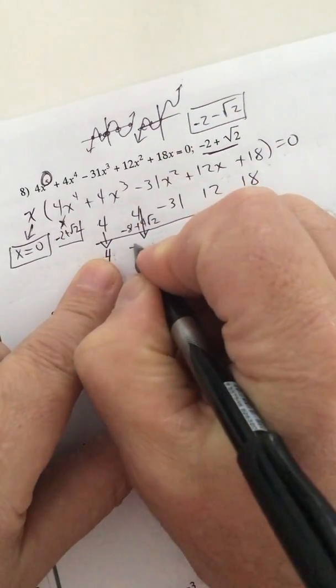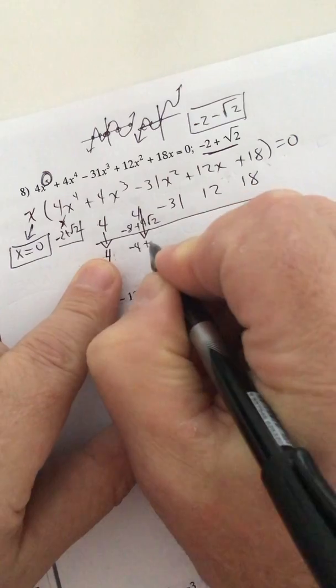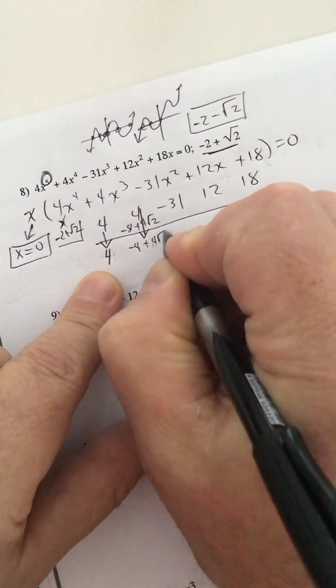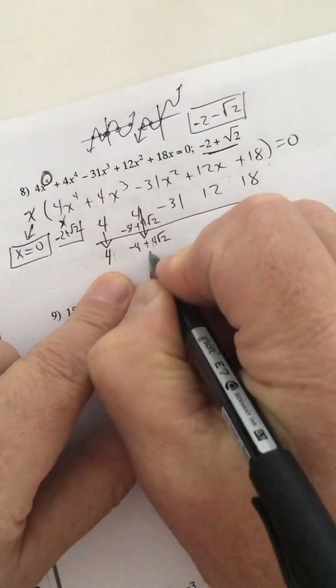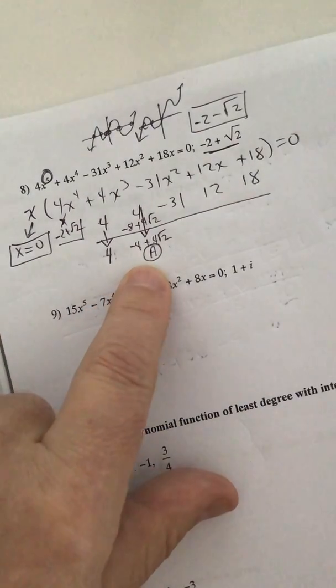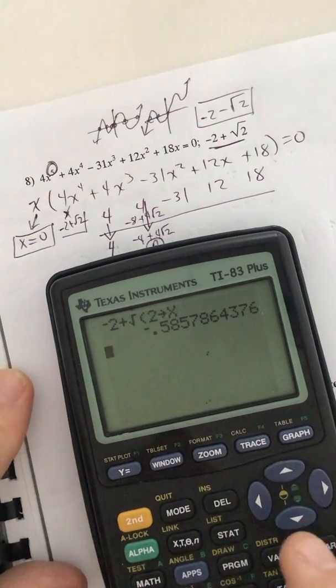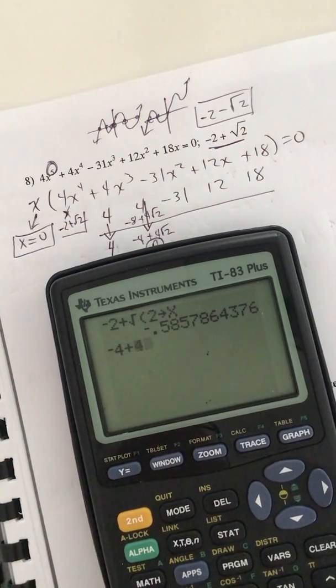That's going to be negative 4 plus 4 square roots of 2. Okay, I'm going to put that one in A. See how I'm reminding myself where it is? So I'm going to go negative 4 plus 4 square roots of 2, store in A.